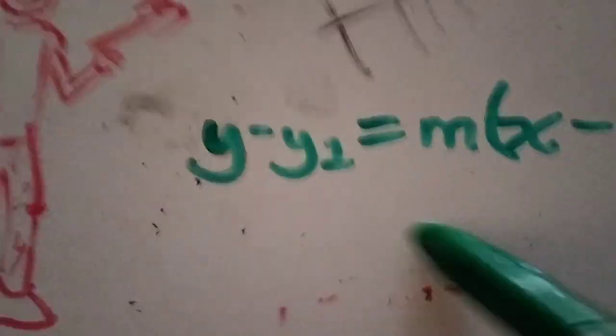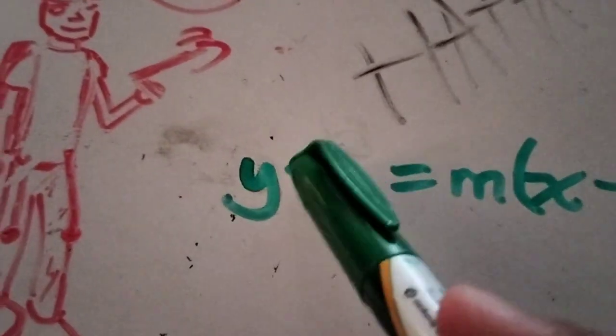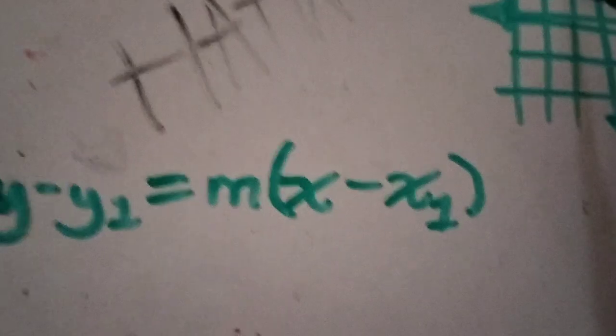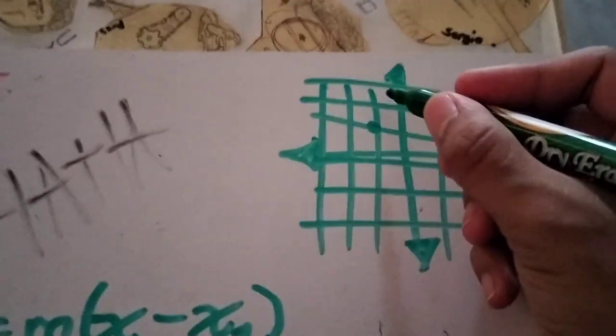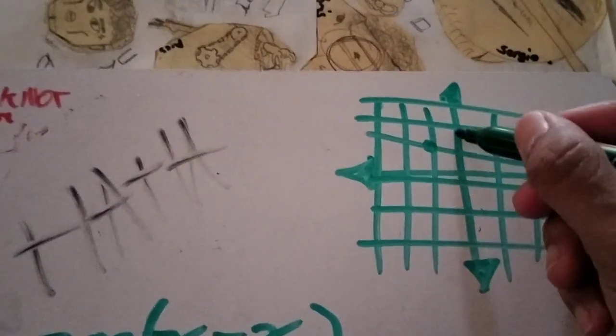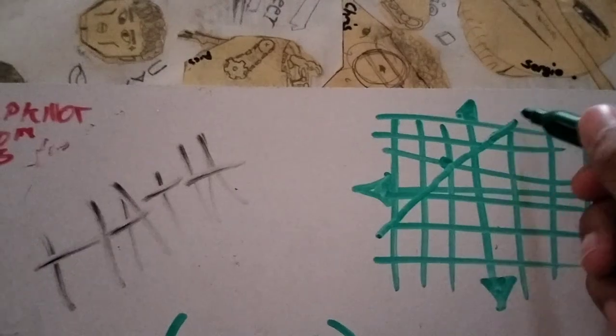Y, this is just a y variable. Just write it down, minus y1. Say, you know, a point on the line, like, say, right here. Then you have a line that goes like this.